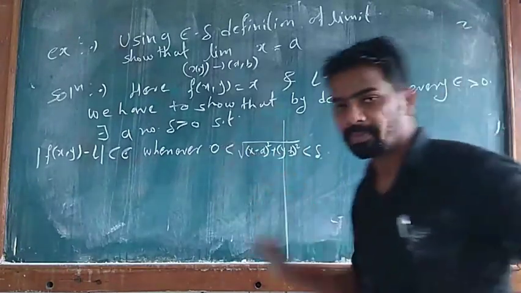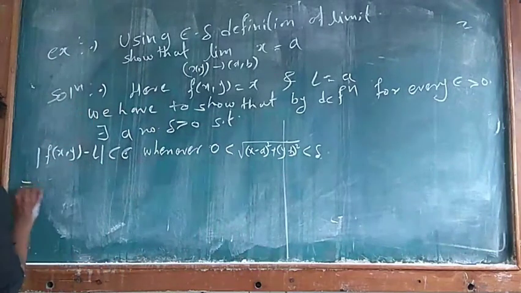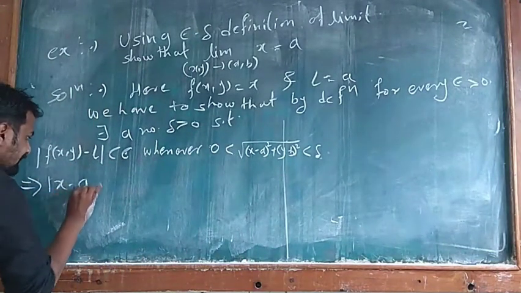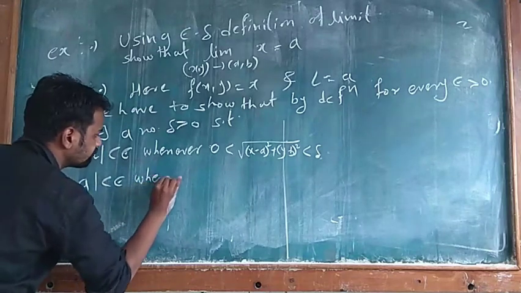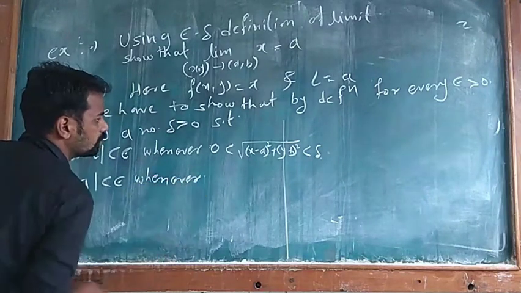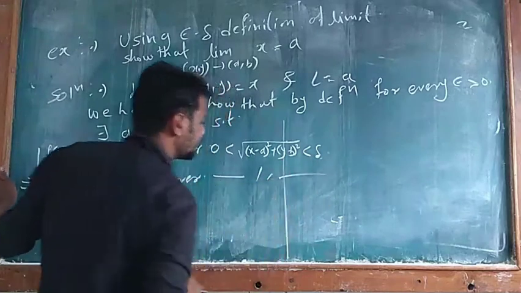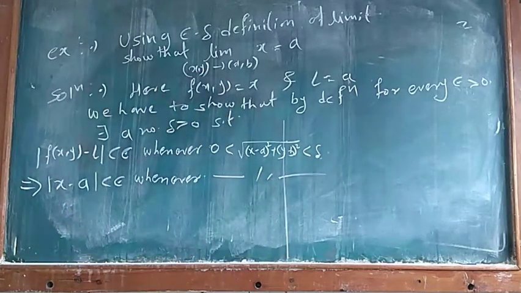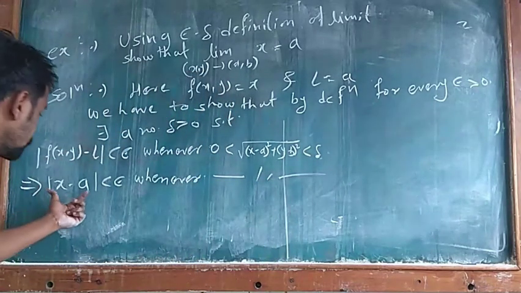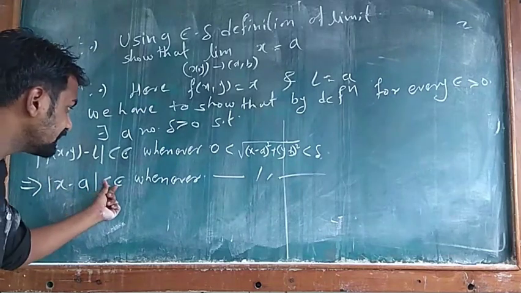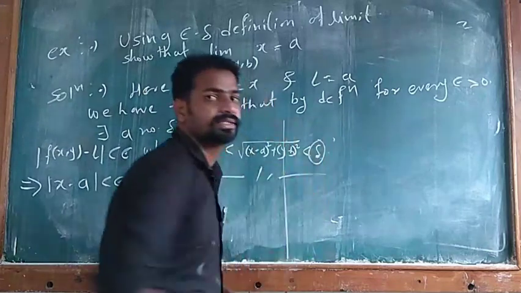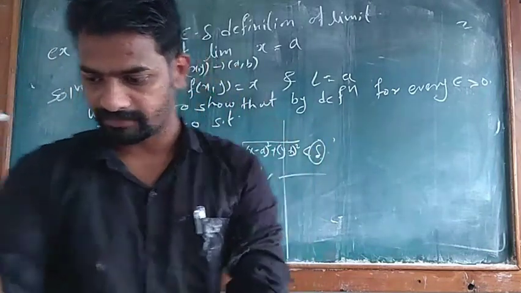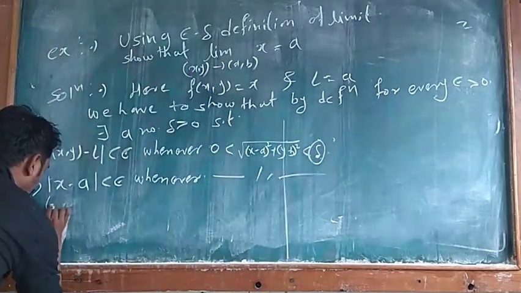Here f of (x, y) is x. This implies mod x minus a is less than epsilon whenever this same condition holds. Now we have to show mod of x minus a is less than epsilon for this delta. We only have to find this delta.